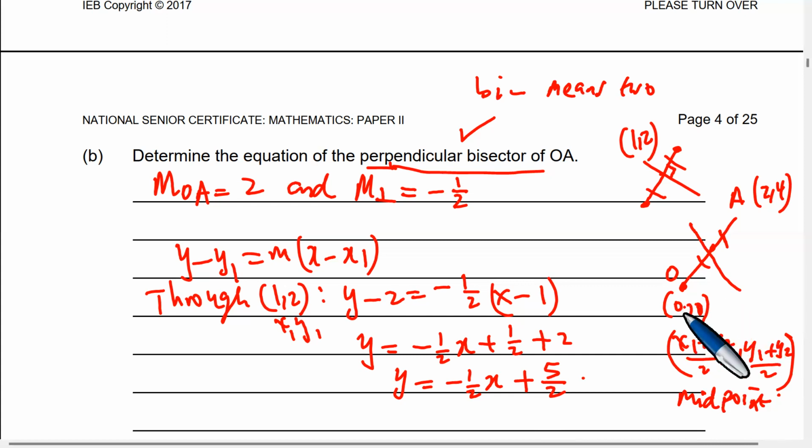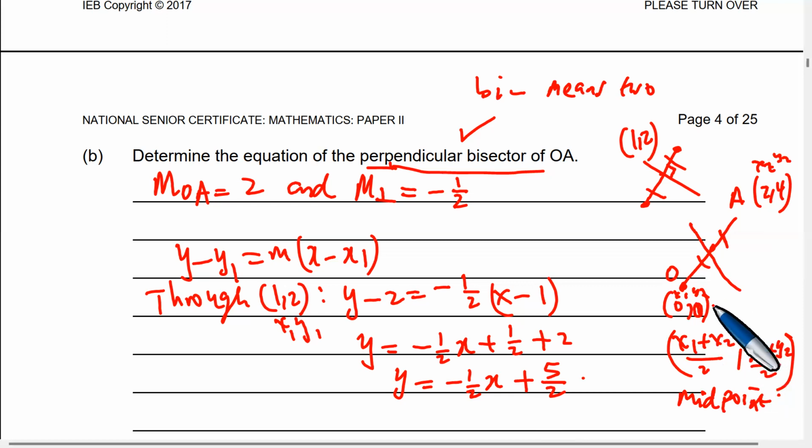If this is the case, then you have x1, y1, and x2, y2. So x1 is 0, x2 is 2. You add them up, you divide by 2, and then it's 1. Then y1 is 0, y2 is 4.